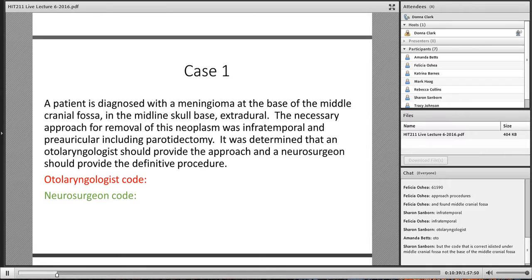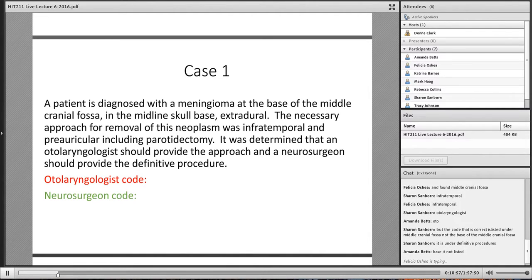Okay, so under skull base surgery, all you have is middle cranial fossa. I don't see a base of the middle cranial fossa in the index. Oh, you're talking about when you go back and check it in the tabular?